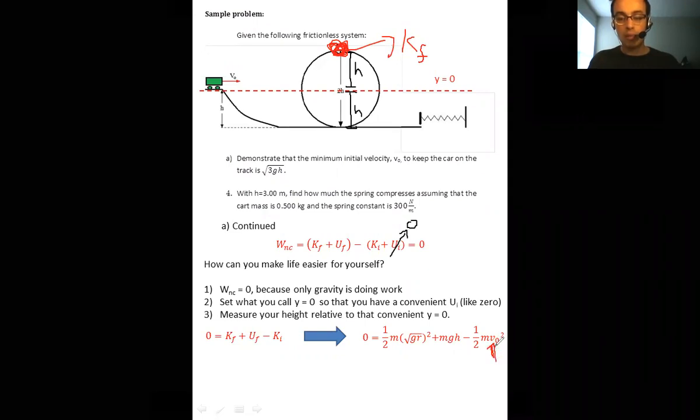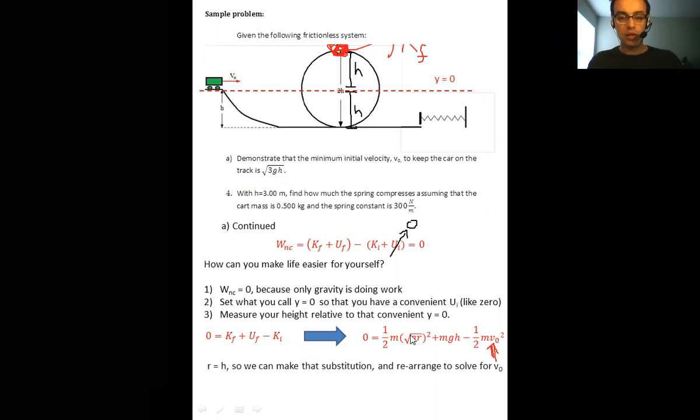And what this problem has implied, and what we're going to find is the case, is that this cart must be launched with some initial velocity if it is going to be able to make it all the way around the loop. So we know that r here is equal to h.